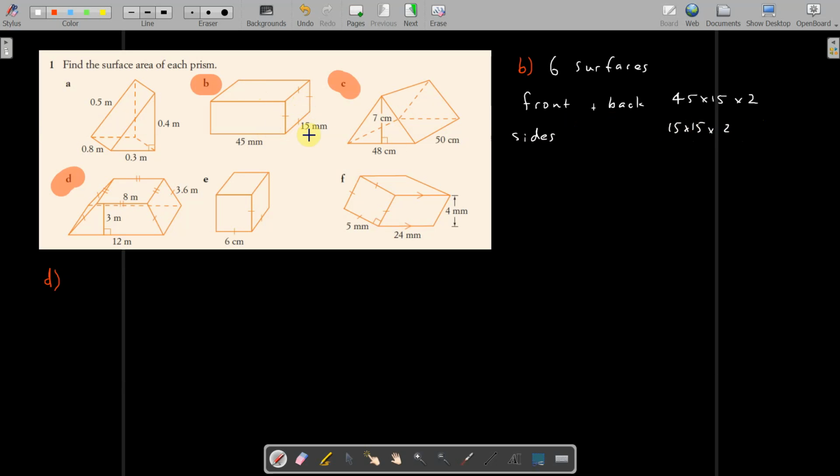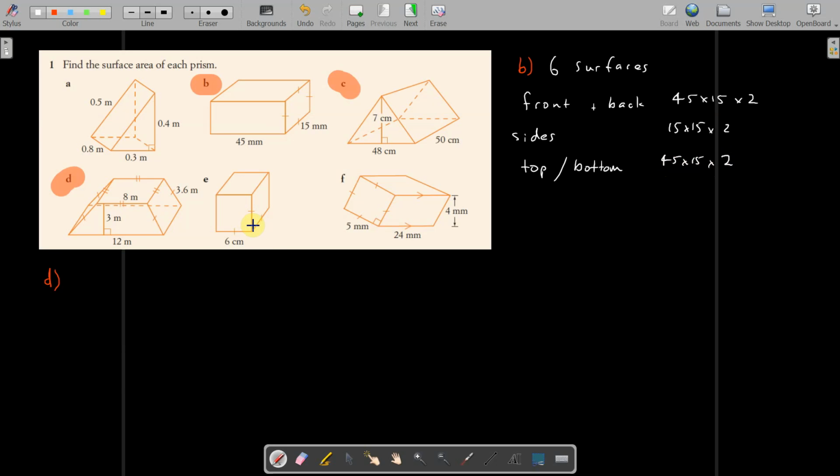And then finally top and bottom. And they have the same dimensions as the front, 45 and 15. And there's 2 of them, so times 2.